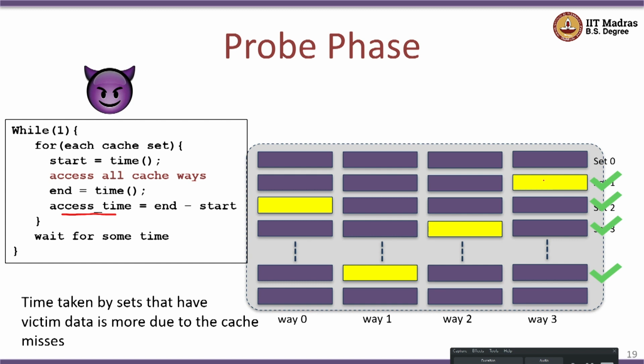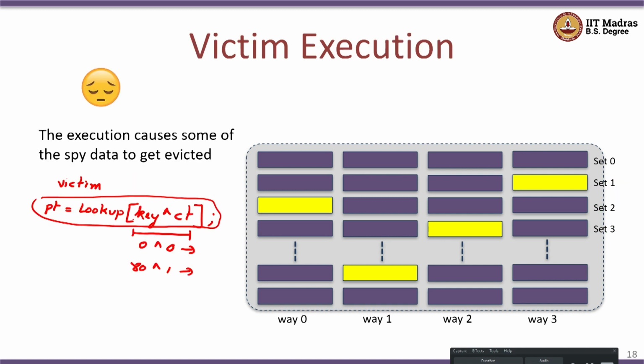So at the end of this for loop, the attacker, that is the spy process, would be able to distinguish between cache sets which had a lower access time and cache sets which had a higher access time. From this information, it would be able to identify which of the cache sets have been touched or modified by the victim process. Given this information, it can get a notion of what index in the lookup had been accessed.